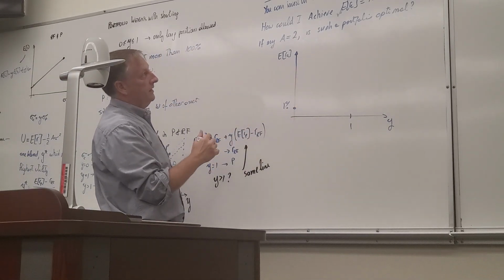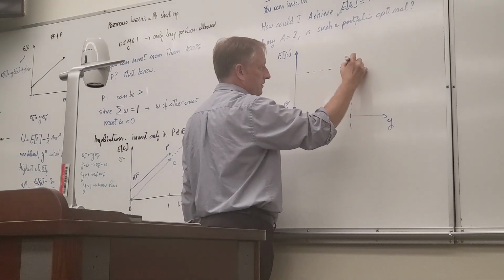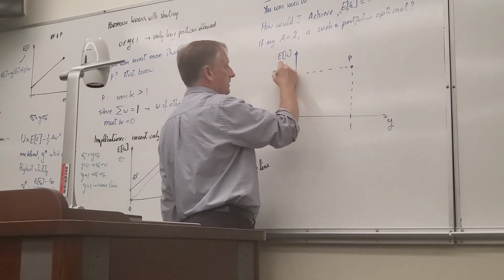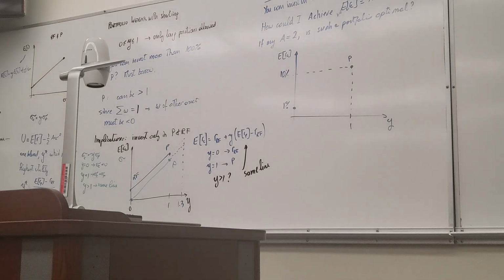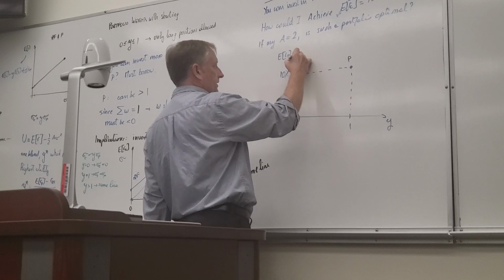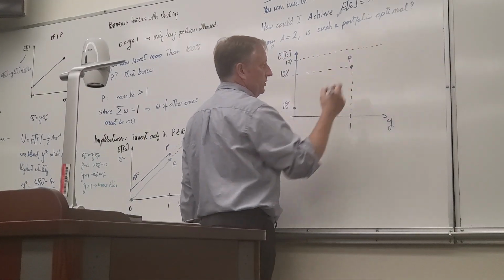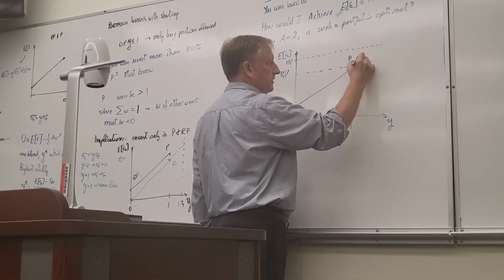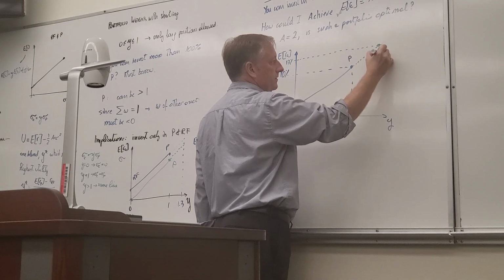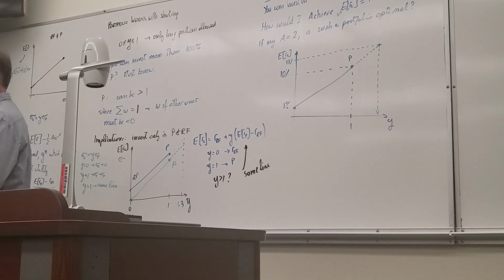If you invest only in the risky asset P, the expected return is 10%. So how could you get the return of 13? Well, 13 is up here. So the only way for that to happen is if the investor is allowed to short and invest this much in asset P.